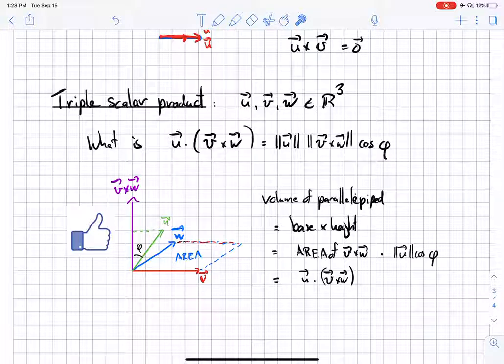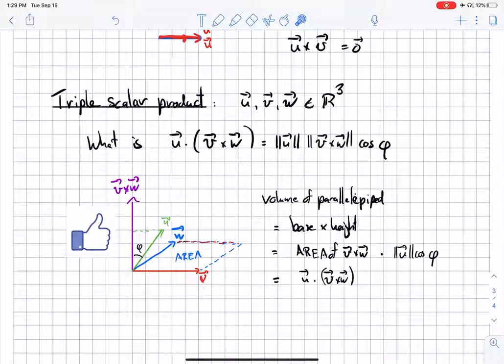Now, what happens when I do the dot product of U with that vector? Well, remember that the dot product of two vectors, now the two vectors are U and V cross W, is the norm of U times the norm of the second vector, the cross product, times the cosine between them. The cosine phi times the norm of U gives you exactly that height here.